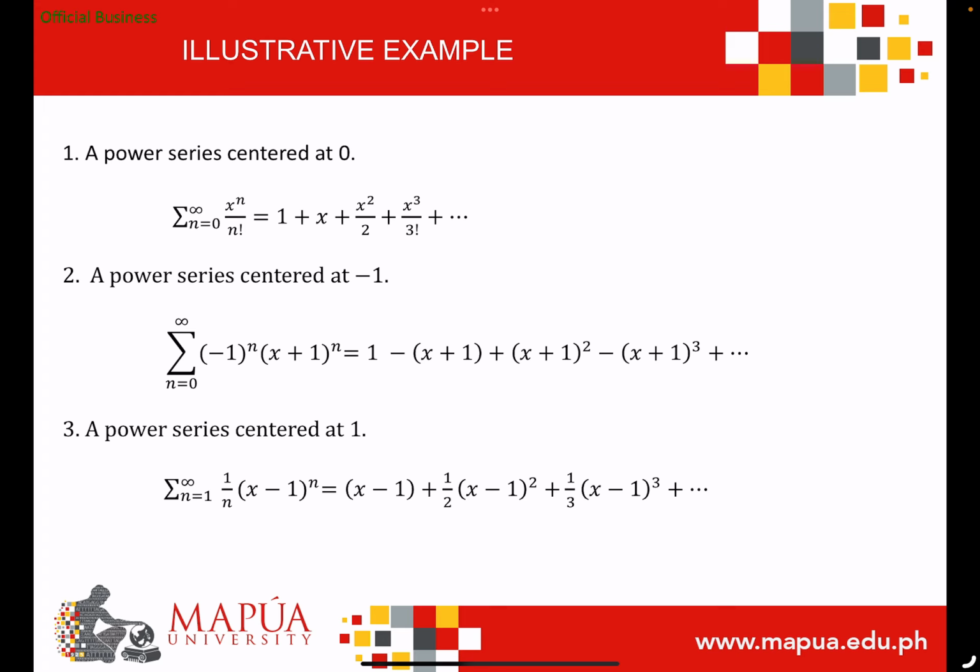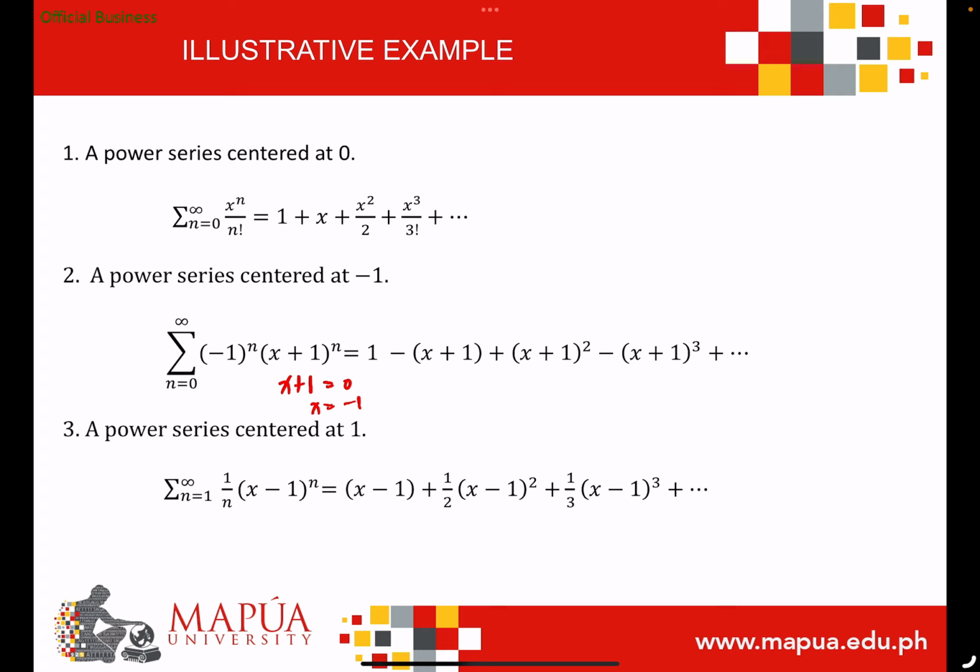If we have a power series centered at -1, we can have, for an example, -1 raised to n times x plus 1 raised to n. Since we have x plus 1 equal to 0, the center is located at -1. So we have 1 minus x plus 1 plus x plus 1 squared minus x plus 1 cubed and so on.